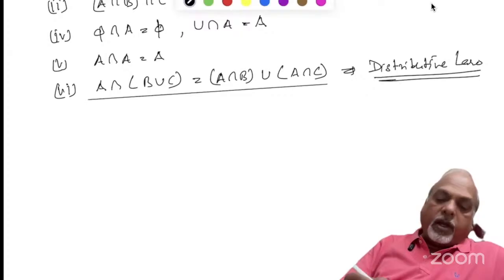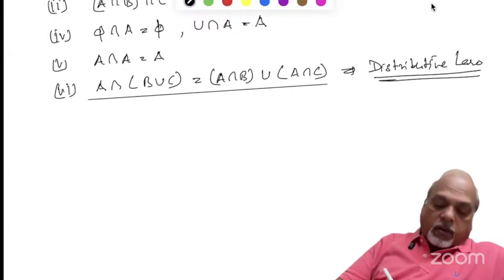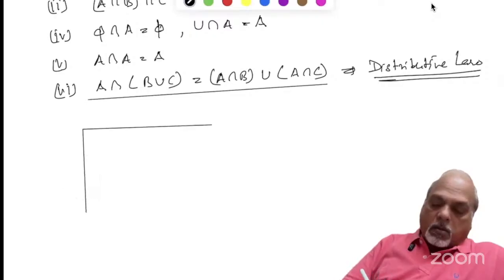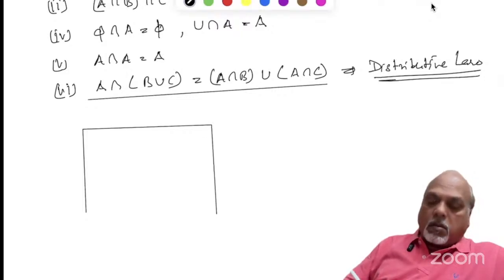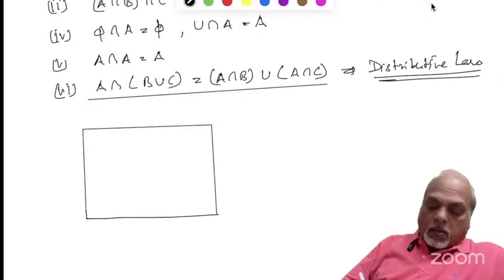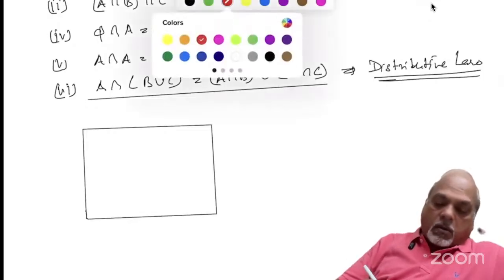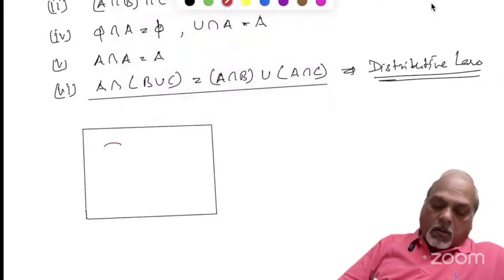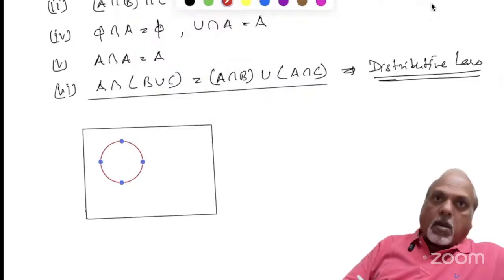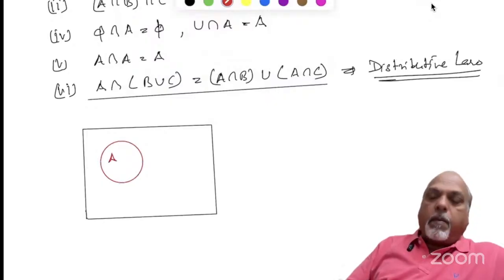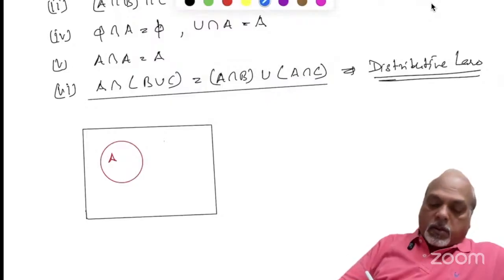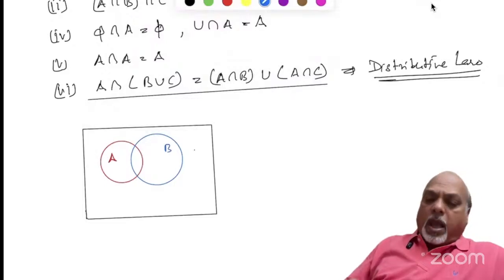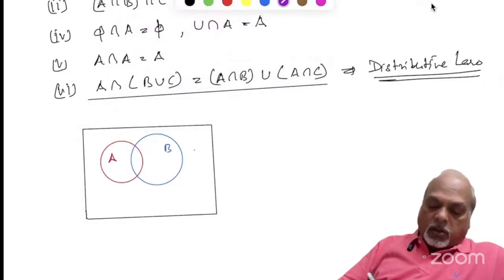Let us see this thing as a Venn diagram. Suppose you have this is A, then this is B, and another one is also there, because C is also there.